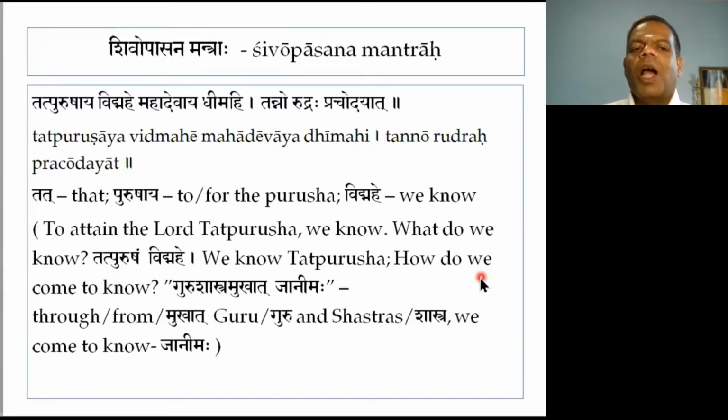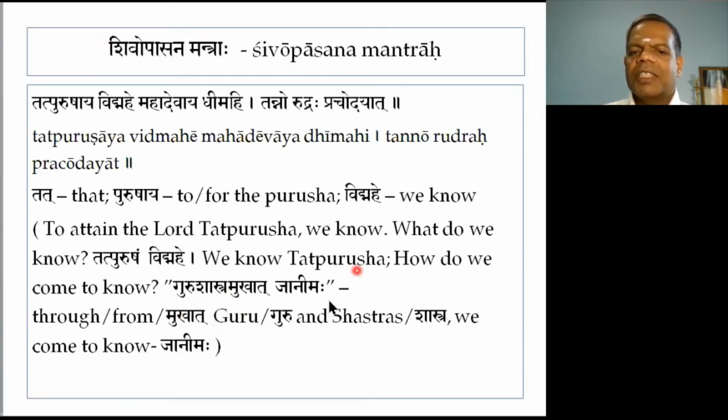How do we come to know? I think that's a big question. Vidmahe means we know, but how do you come to know? So Sayana Acharya goes on to explain: Guru Shastra Mukhat Janimah. Guru means Guru, we all know.